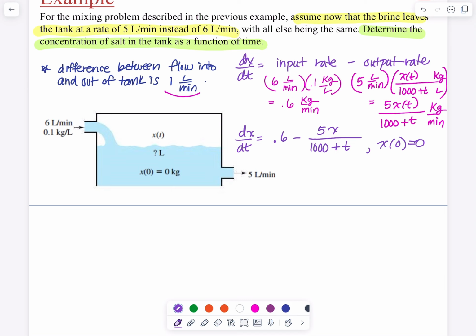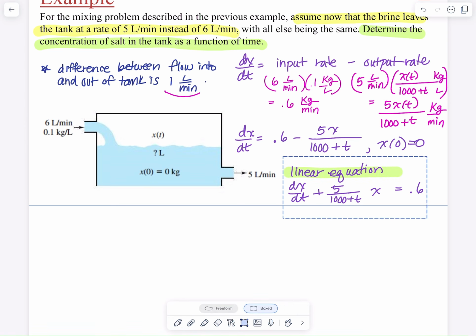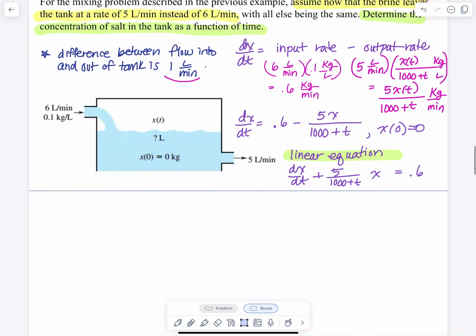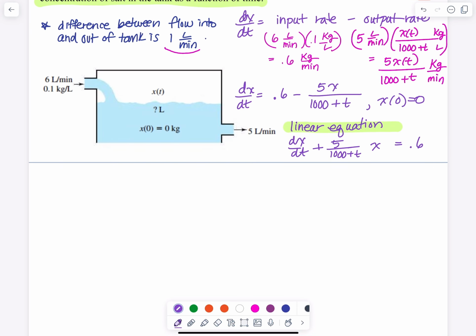So this is linear, and we can write this as dx/dt plus 5 over 1,000 plus t times x is equal to 0.6. Let's go ahead and solve that linear equation.